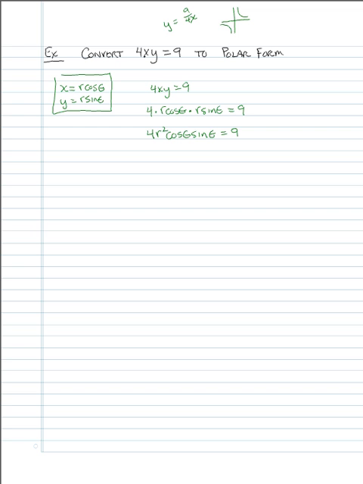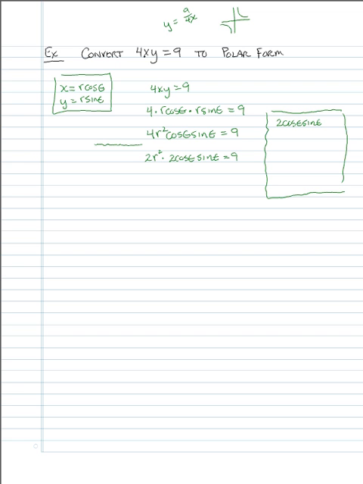To simplify it further, what we need to do is recognize that embedded in the left side, we actually have a 2 cosine theta times a sine theta. There's nothing wrong with where we are, but we could write this as 2r squared times 2 cosine theta sine theta is equal to 9.